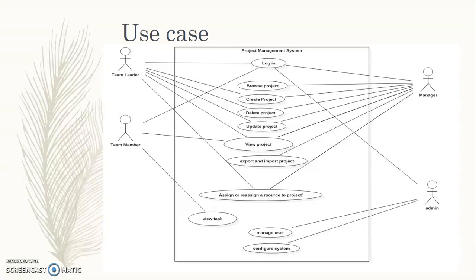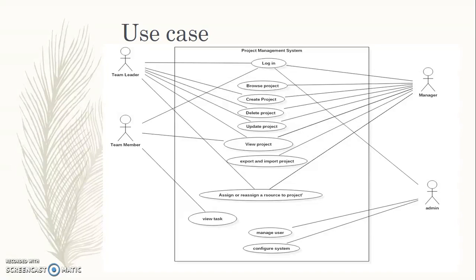As you can see, a team member can only have two tasks, which are view project and view task. And for the admin, there are only two, which are manage user and configure the system. For example, the admin can only update the users of the system and configure the system.